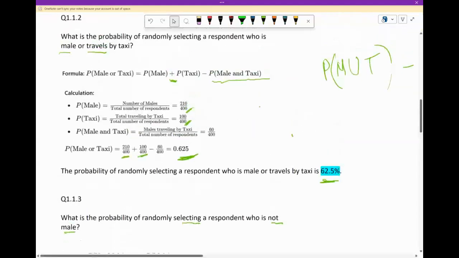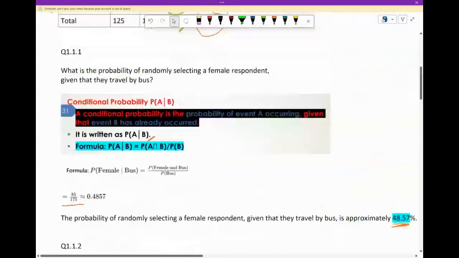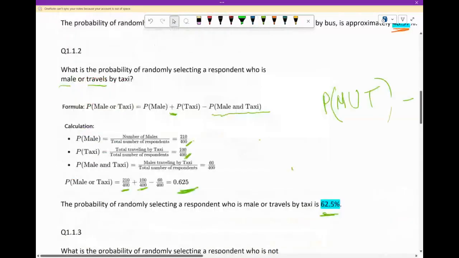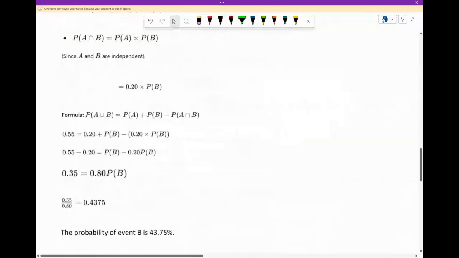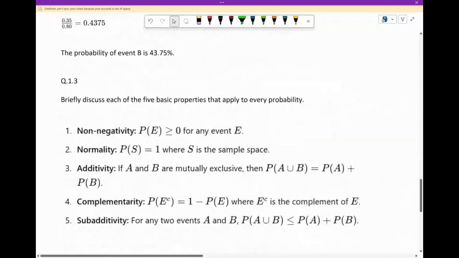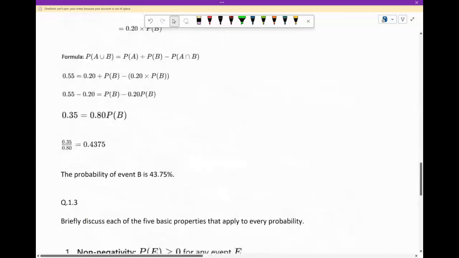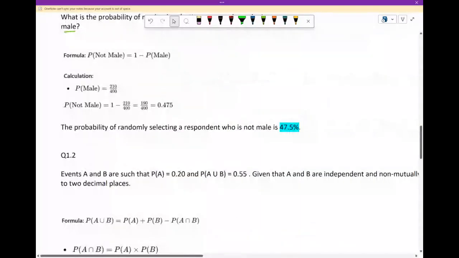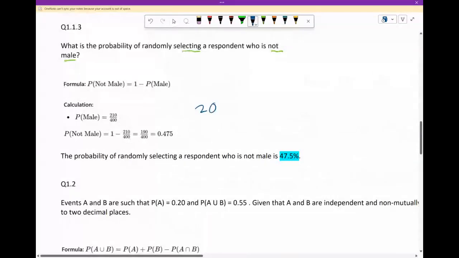So we say, what is the probability of getting a male? We know that males total is 210, and we know that our total respondents is 400. Cool. So 210 divided by 400.